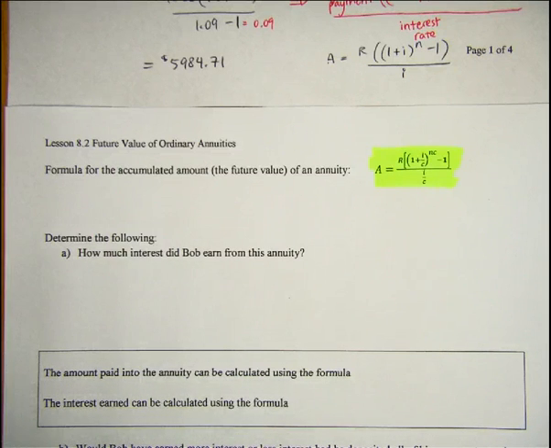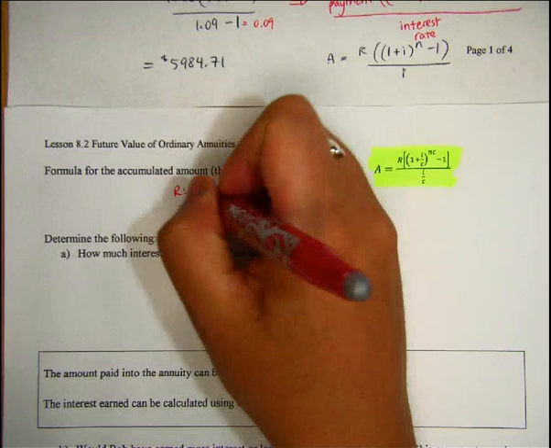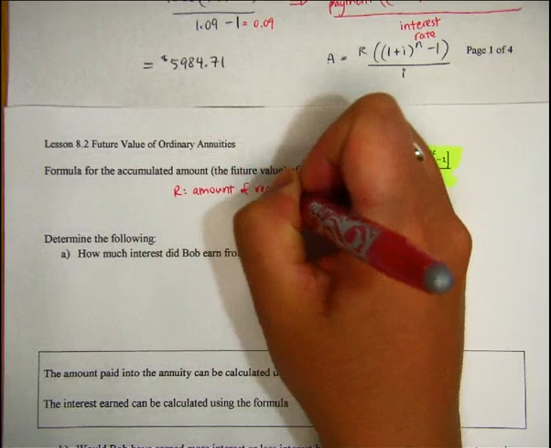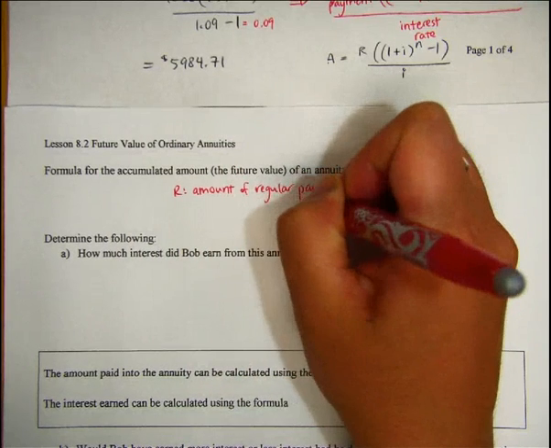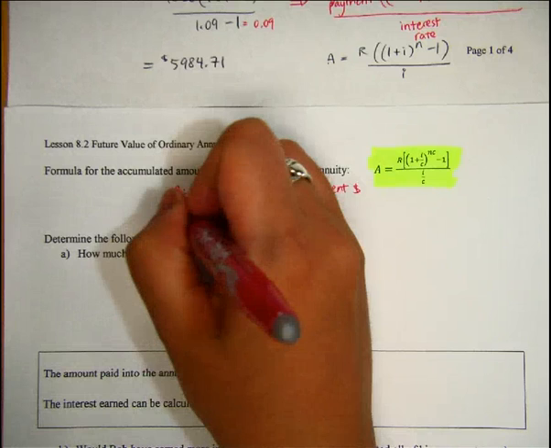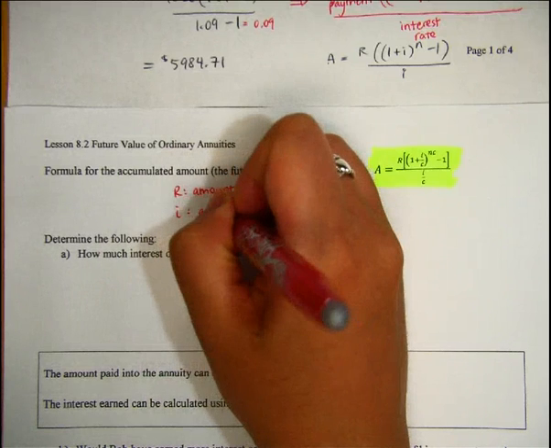In this formula, R represents the amount of the regular payment or deposit, in dollars. i would be the annual interest rate.